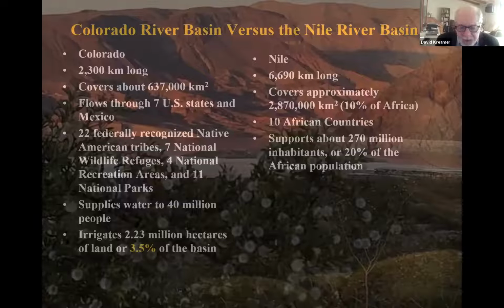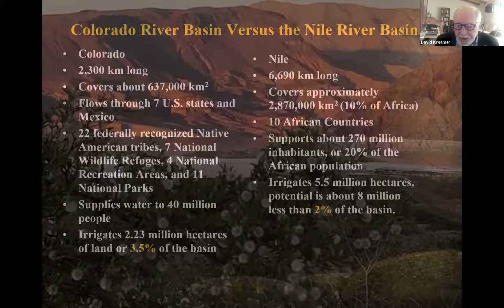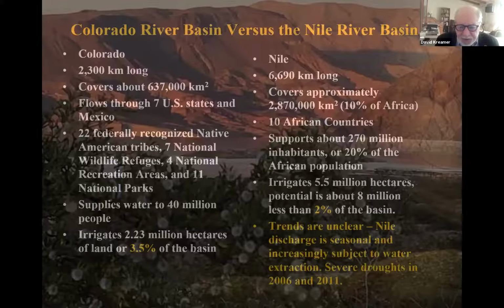The irrigation, though, is pretty large in the Colorado River Basin. It's 3.5% of the land area of the basin, whereas in the Nile Basin, it's a little less than 2%. So the trends in climate are not entirely clear. It is warming, but the discharge of the Nile River is very, very seasonal, and it's subject to water extraction along the river.